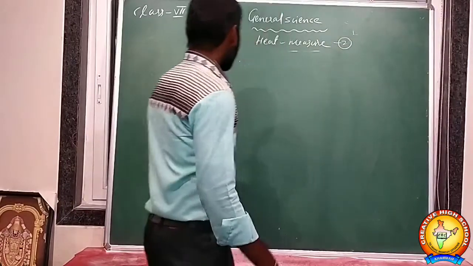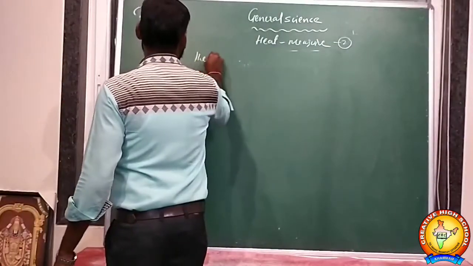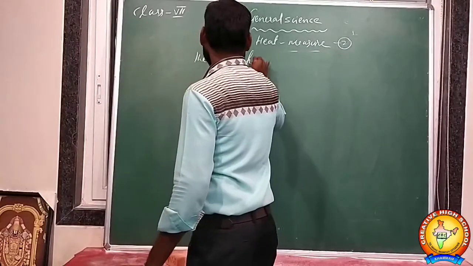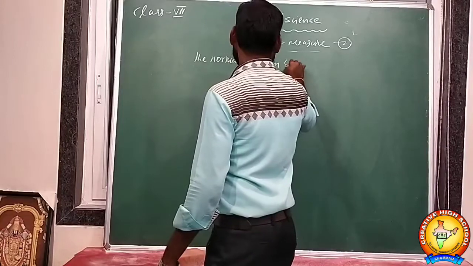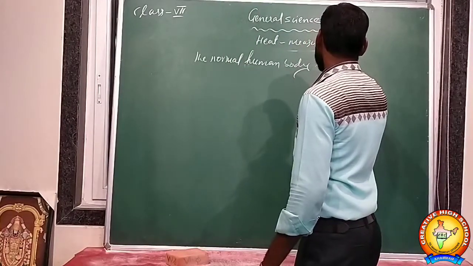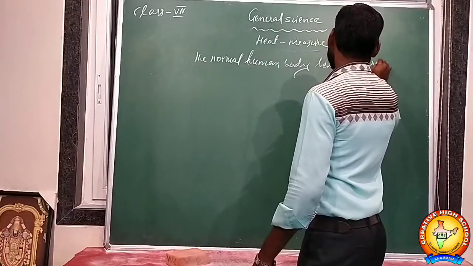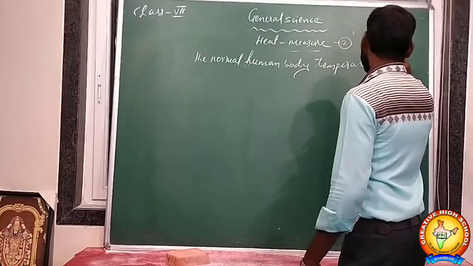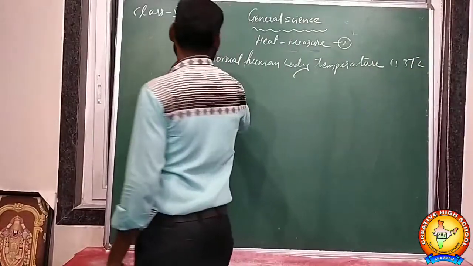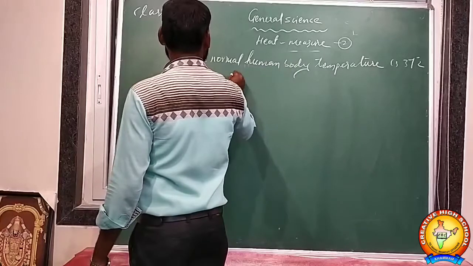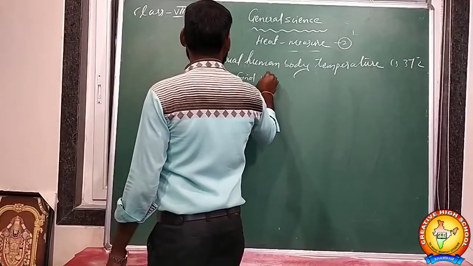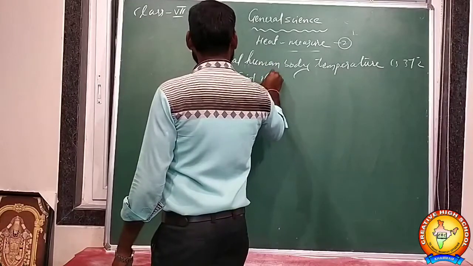So the normal human body temperature is 37 degrees Celsius. Now convert it and find its value in the Kelvin scale.